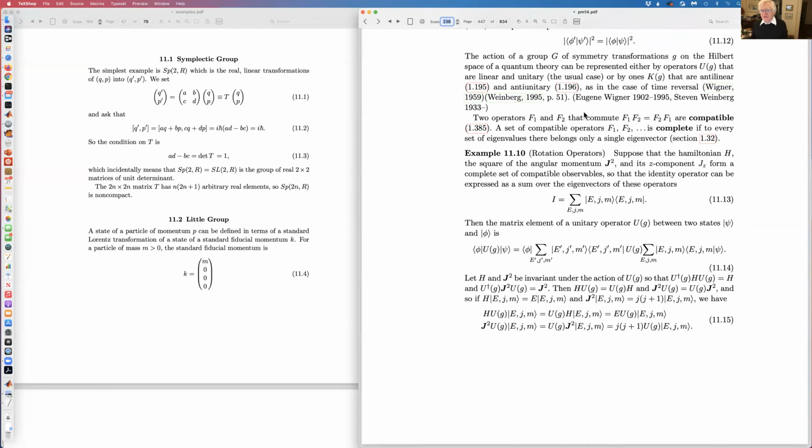So it's complete if to every set of eigenvalues for the whole set of operators, F1, F2 up to Fn, there's only a single eigenvector. So the state that has given values for the eigenvalues of F1, F2, ... Fn, there's only one state that has them. And if you change one of them, you switch to another state.